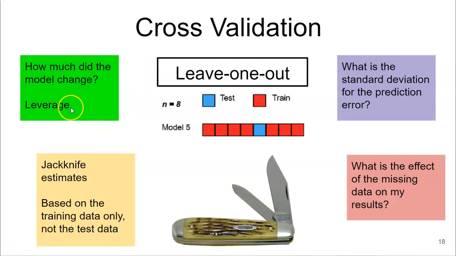And in leverage points, we talked about running the model with or without that particular data point. That's the same idea that we're going to be doing here, except as we do each model for every data point, we'll see how the standard deviation adjusts, or maybe how missing data is affecting the model.